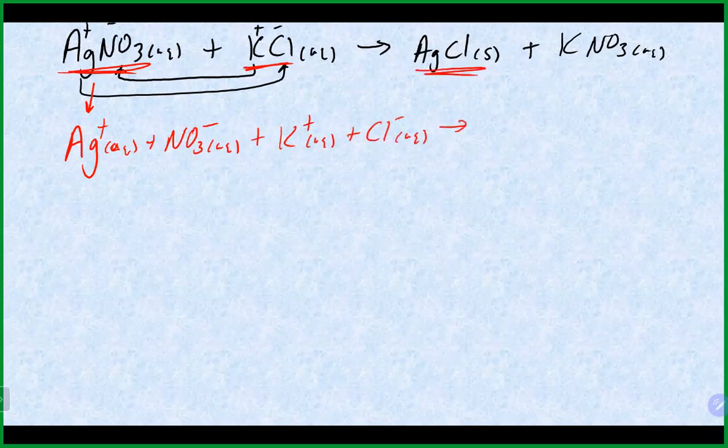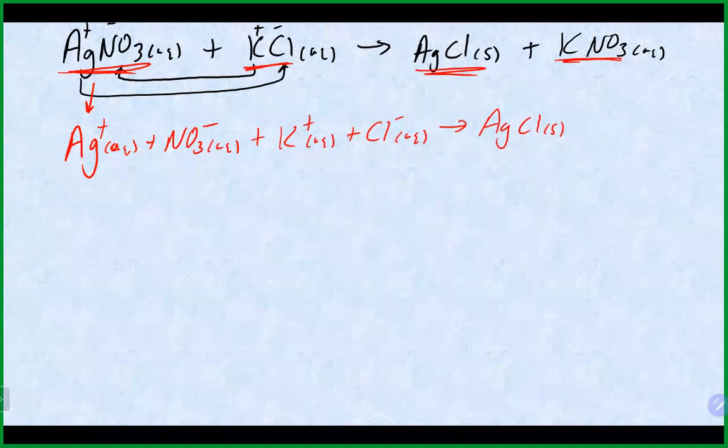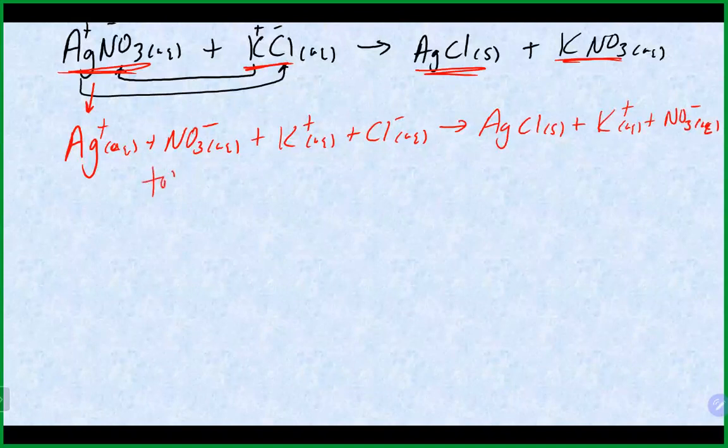Our solid here, as we've been talking about, we will keep together and not break it apart. That will give us our silver chloride. And our potassium nitrate, again, most ionic compounds that are aqueous are probably going to be strong electrolytes and break apart. So that would give us a K plus and a NO3 minus in this case. At this point, that would be our total ionic equation.